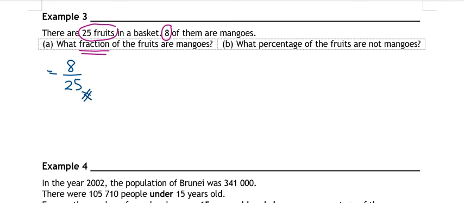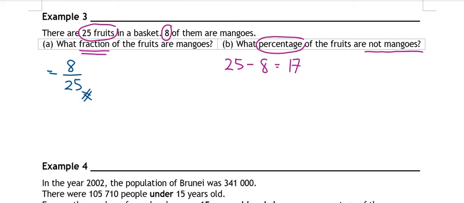Right, now let's move on to part B. What percentage of the fruit are not mangoes? So here you are asked about the percentage of non-mangoes. You have the fraction just now, 8 out of 25 is mangoes. So for not mangoes, you have to subtract 25 minus 8, which is 17, right?